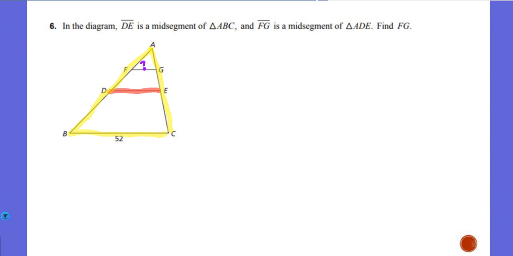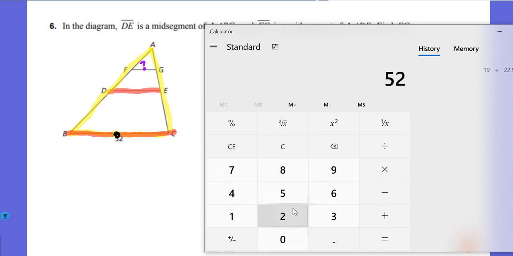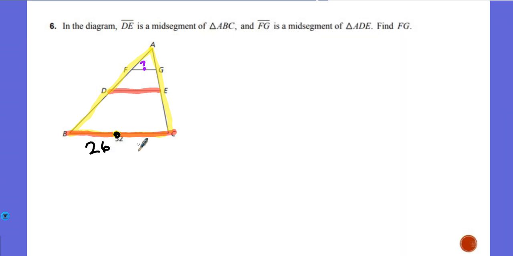So I'm going to use my Midsegment Theorem, so I know this piece right here should be broken up into 2 pieces, so I could put a red piece right here and another red piece right here, and I can call this the midpoint. And all I have to do is split 52 into 2 equal pieces, and then I'll see what those red pieces are. And this is 26, this is 26, so that means this little red piece up here is 26.